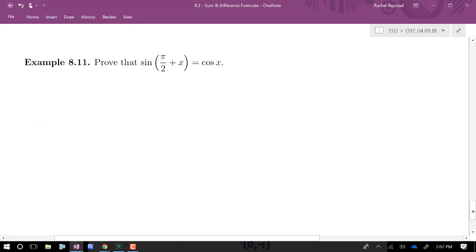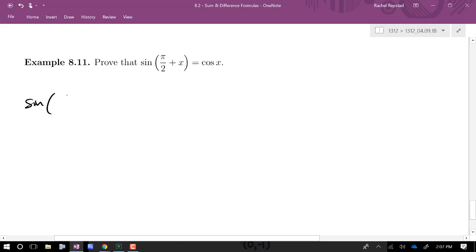All right, so another proof. We want to prove that sine of pi over 2 plus x is equal to cosine x. Well, how do we begin? Use the sum formula for sine.